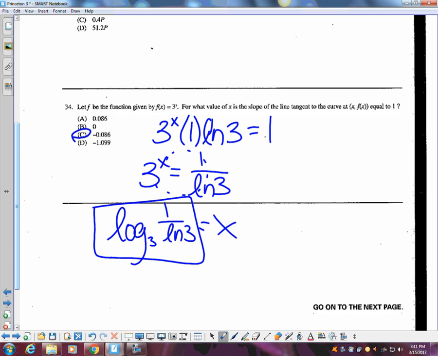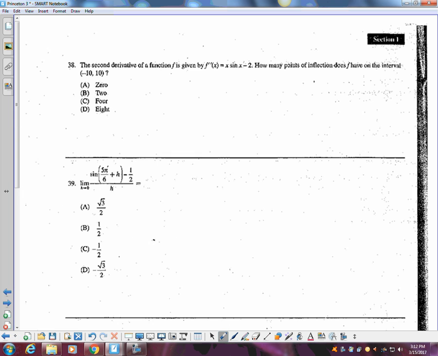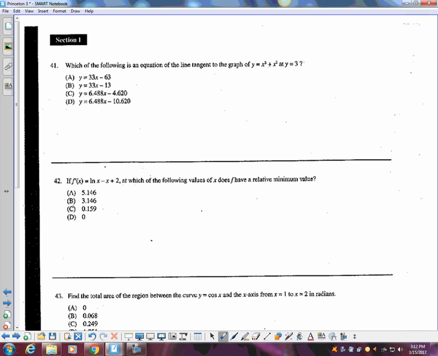Tall, small. Okay, Andrew? Where are we going? That was 34. Was it C? Did you get C?